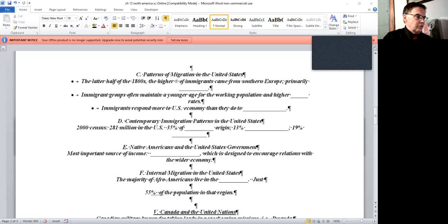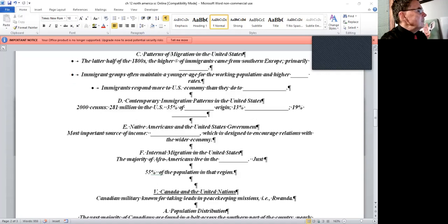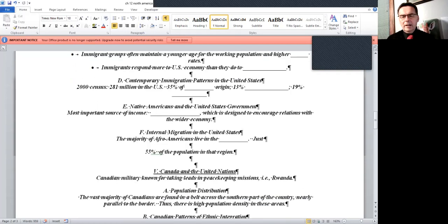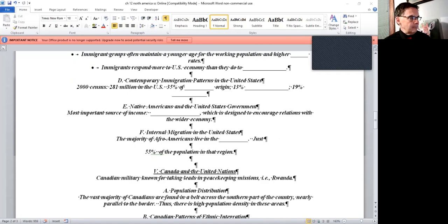Contemporary immigration patterns in the United States. We hear a lot about this. In the 2000 census, 281 million people were in the United States. 35% were of European descent, European origin. 13% are African American. 18 to 19% are Hispanic.